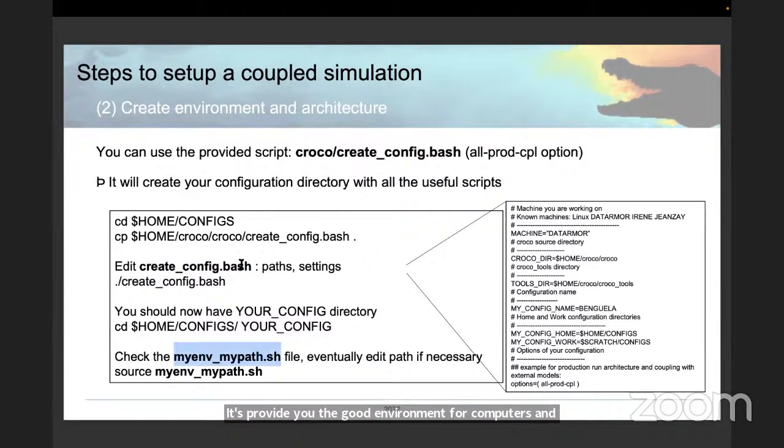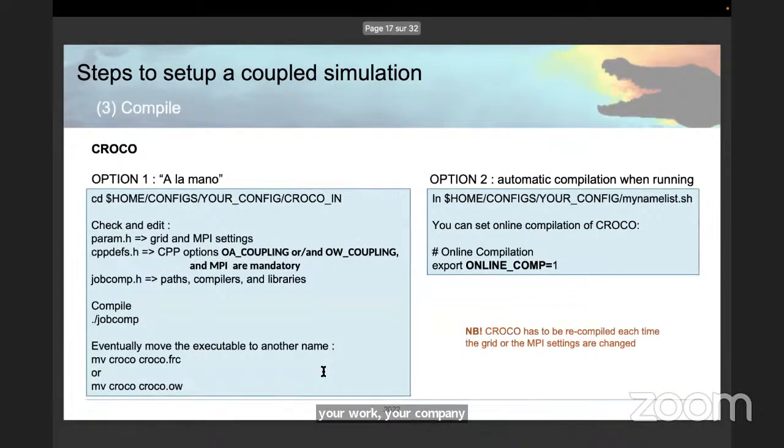Normally, if you have used createconfig.bash with the left arrow keyword, I think in your case, you will have most of the stuff already correctly set up, but you have to check, and you have to source this my-of-my-path.sh before starting to prepare your configuration and your work, your coupled run.